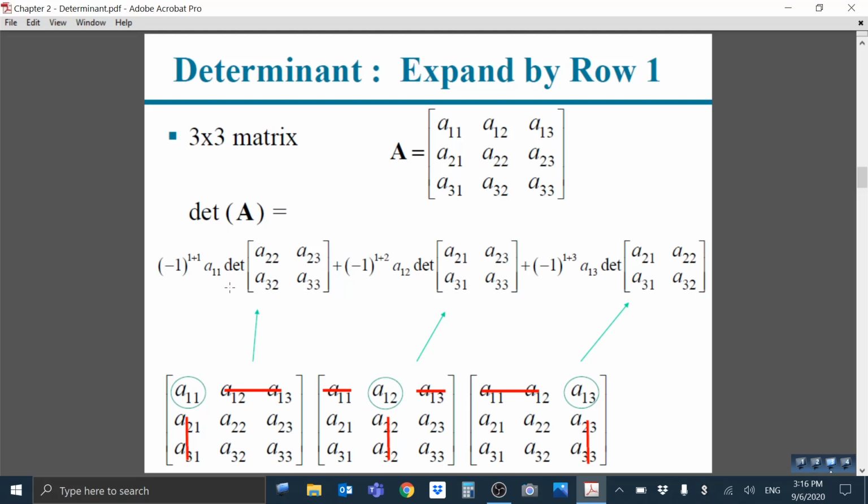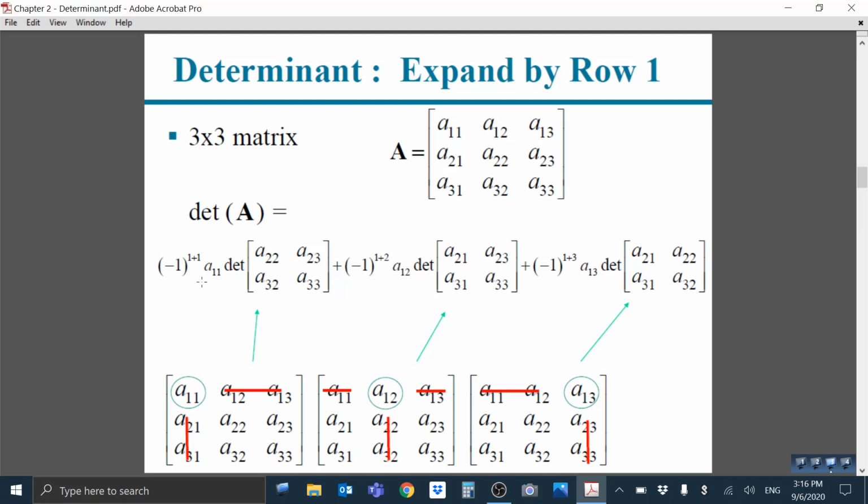How do I get that smaller matrix? Well, the entry is 1, 1. Therefore, I eliminate row 1 and column 1. So I'm left with a smaller matrix here with entries A22, A23, and the other row is A32, A33.